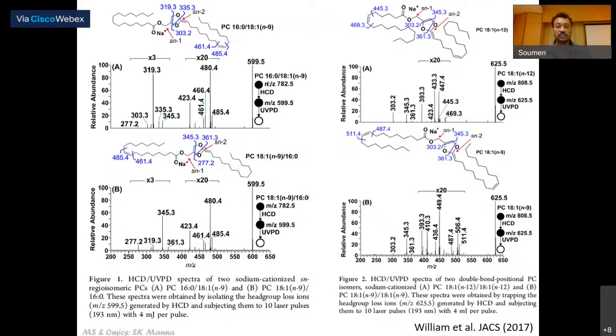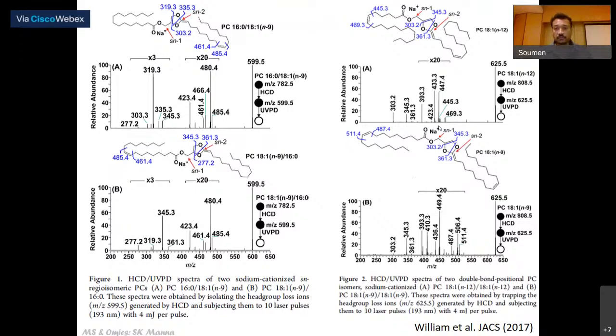In this case, this is SN1 16:0, and in this case, this is SN1 18:1. You can see their fragmentation patterns are quite different, and in the zoomed scan you can see clear features that show these two lipids are different.